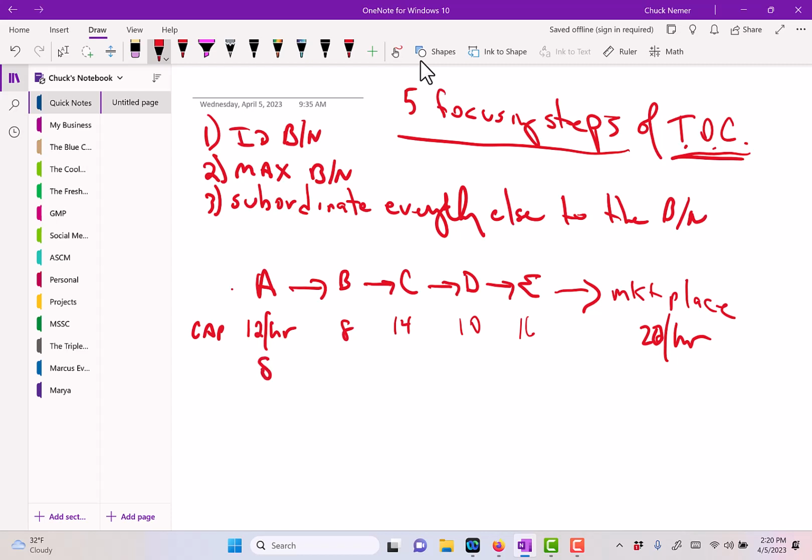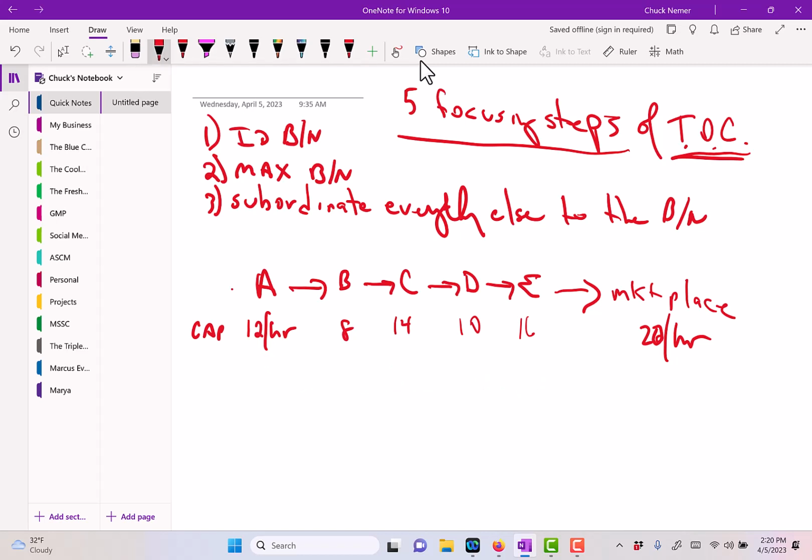You might as well make 8 per hour, because 8's all that's getting through, and use the additional time to work on process improvements, anything else that you want to work on, training, maintenance on the machine or whatever. So have everybody else work at 8 per hour, since all that can happen is 8 gets out the door. So that's step 3.